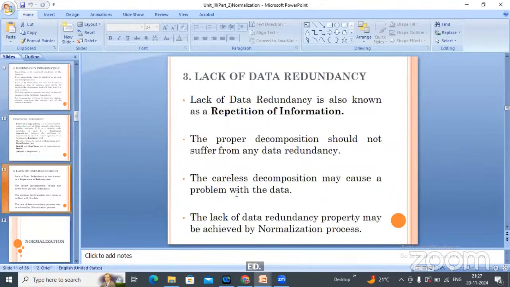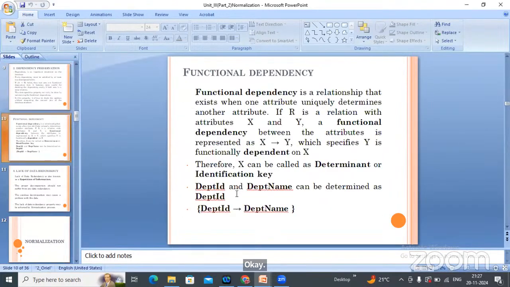Next, functional dependency. So functional dependency exists when one attribute uniquely determines another attribute, okay? So if R is a relation with the attributes X and Y, functional dependency between the attributes is represented as X tends to Y, which specifies Y is functionally dependent on X. Like student is completely dependent on teacher.